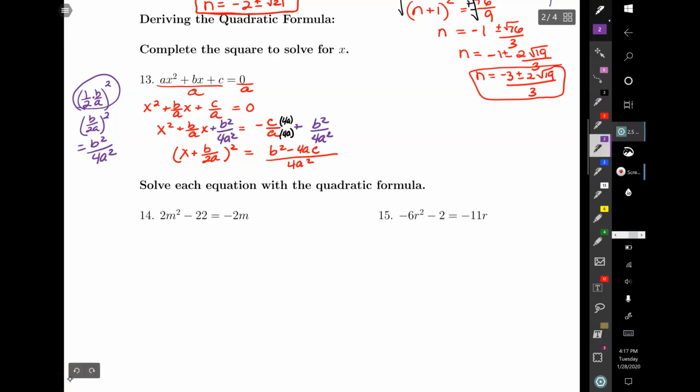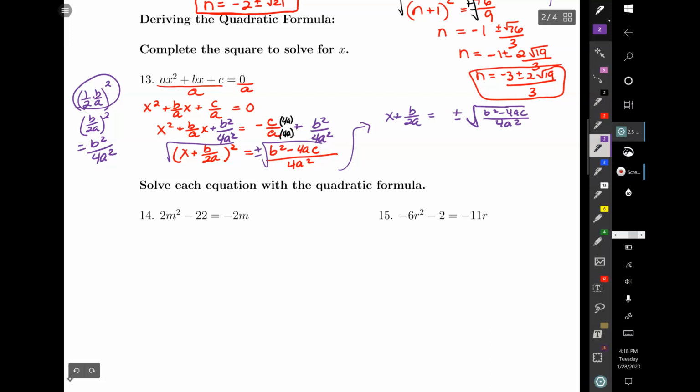So this might look familiar now. We're going to take the square root of both sides. So then we end up with x plus b over 2a equals plus or minus the square root of b squared minus 4ac all divided by 4a squared.